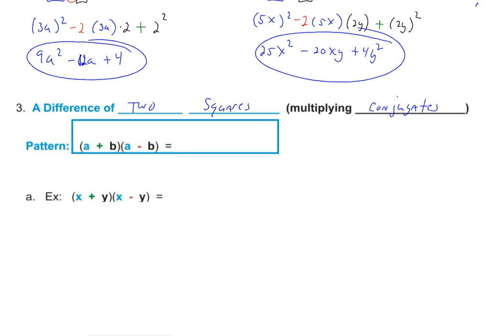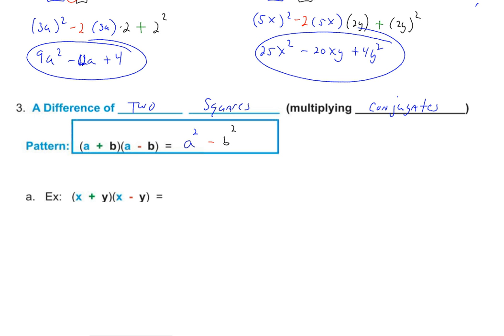And so this pattern ends up this way. The front one squared minus the back one squared. And again, the pattern takes care of the signs. The A is the A and the B is the B. The A is not a positive A and the B a negative B. The negative sign in the middle in red takes care of the positives and negatives.